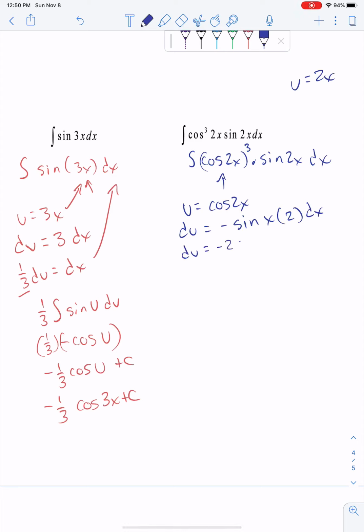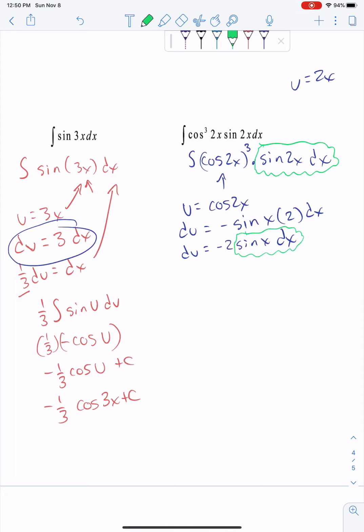Now, before, and this is something you're just going to have to look for with practice, in the past, as soon as we got here to du equals 3 dx, we got dx by itself. But look at our function. We've got cosine of 2x raised to the third, and then I have a sine of 2x dx, which is almost the same as what I have right here, except I have a negative 2.